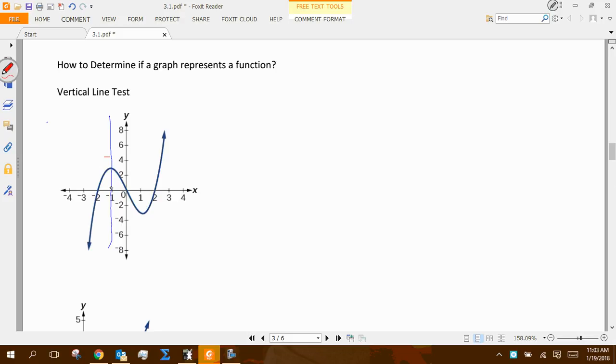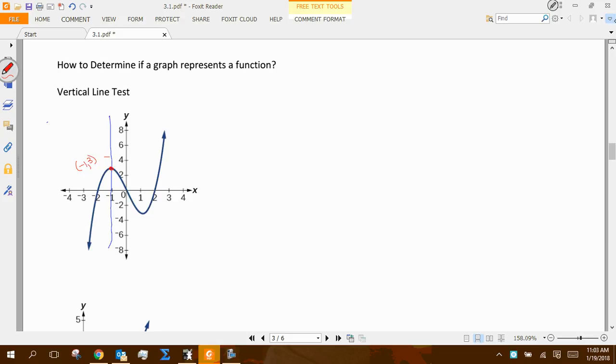Right there at -1, we're seeing that our graph is intersecting this vertical line. Basically that says when x is -1, you are getting a y value back of what looks like maybe +3 there. And because it only intersects that vertical line one time, it tells me that when x is -1, you only get one output of 3.